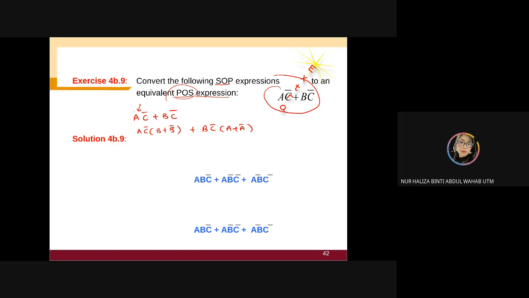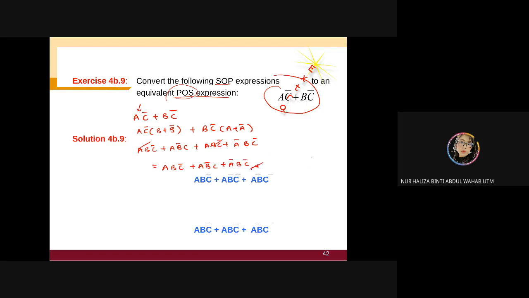So from all of this, I will get plus A B C bar plus A bar B C bar. So this and this is similar. I'm going to get A B C bar plus A B bar C plus A bar B C bar.